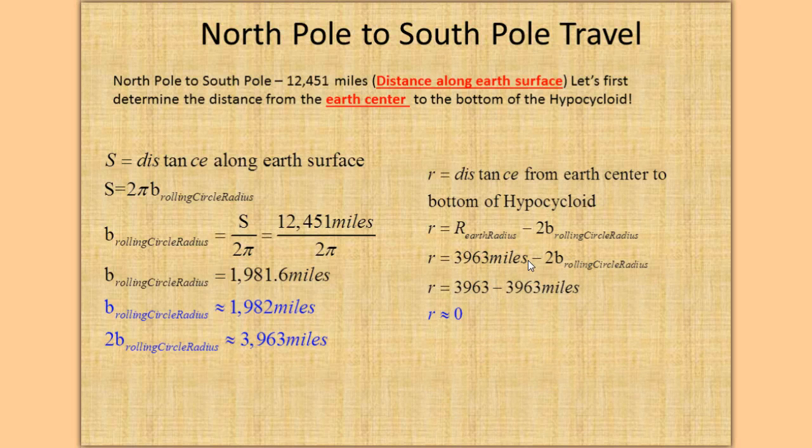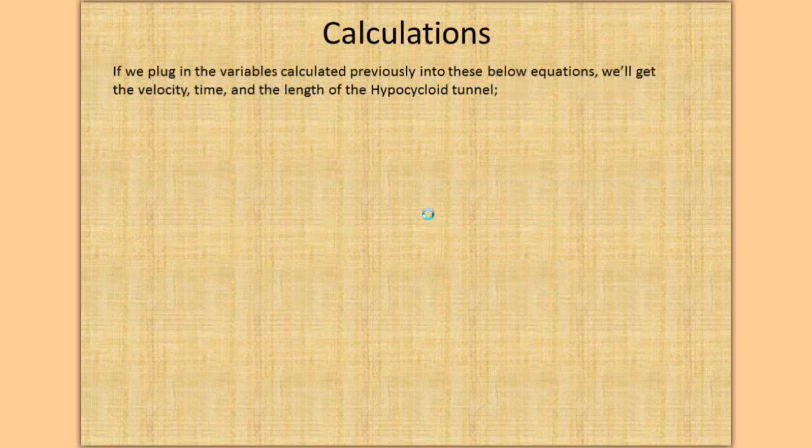Well, if we subtract that from the radius of the Earth, we get R equals 0. And that's correct because there is no distance from the center of the Earth to the hypocycloid because we're drilling a tunnel directly through the center of the Earth. So there, R is equal to 0.